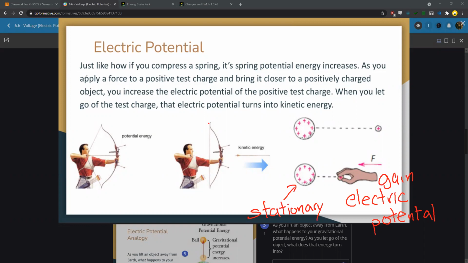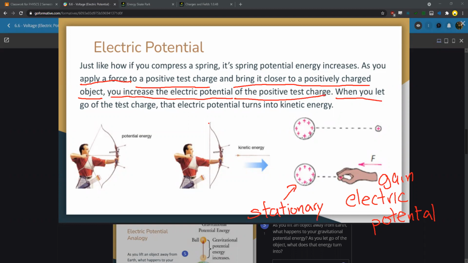Here, I'll repeat what the slide says. Just like how if you were to compress a spring, its spring potential energy increases. As you apply a force to a positive test charge and bring it closer to a positively charged object, you increase the electric potential of the positive test charge.